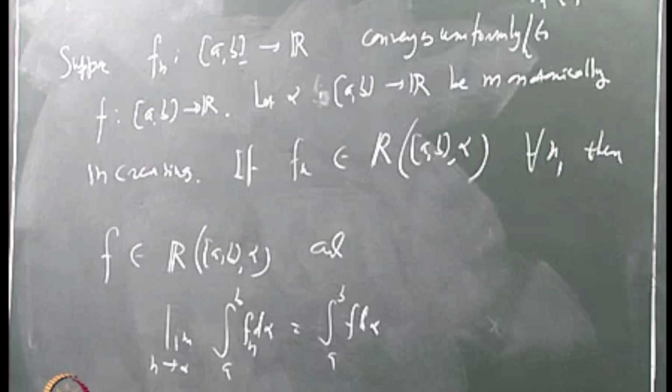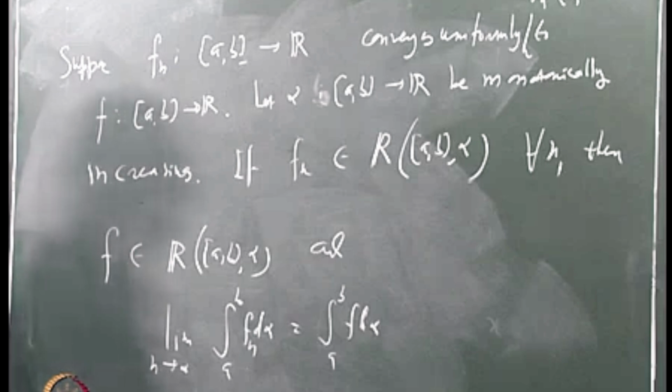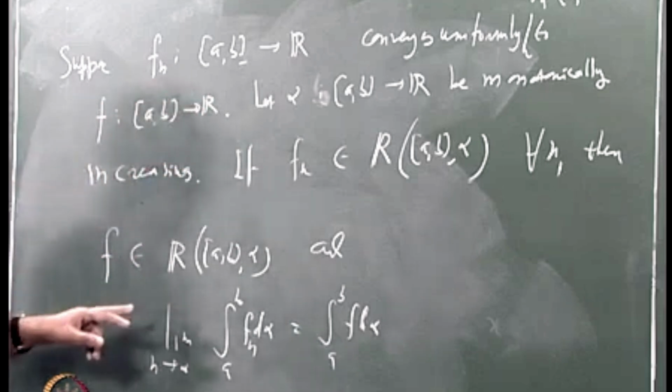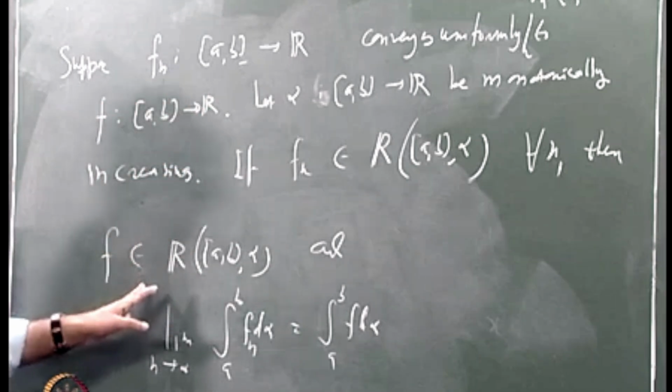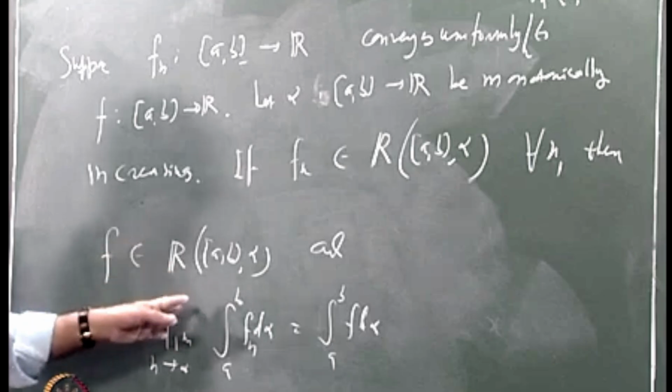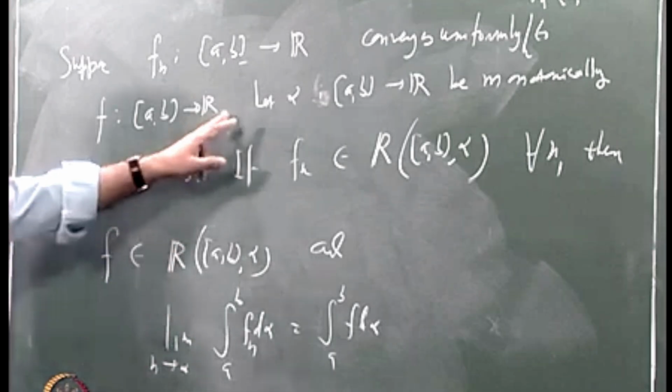We have seen an example where this is false under pointwise convergence. We have seen an example of a sequence fn converging to f, but the integral of fn does not converge to the integral of f. In fact, for Riemann integrals also this is not true if the convergence is not uniform.